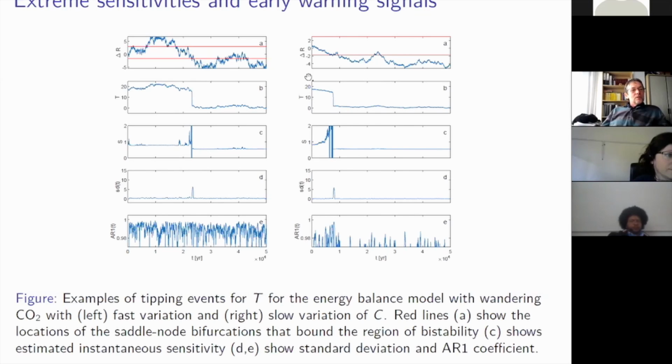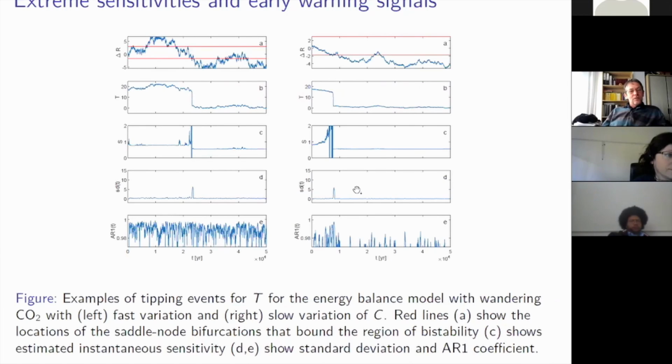So this is the same thing run with a slower variation in the wandering CO2. You can see you still hit your tipping point here with the red line, the saddle node. You get the jump in temperature, but you get a very nice and, if you like, measurable increase in the sensitivity, the instantaneous sensitivity in this model.